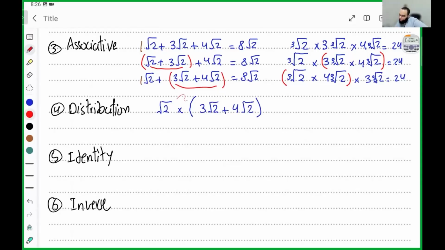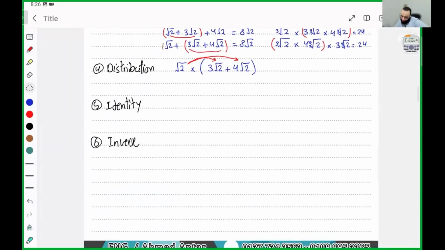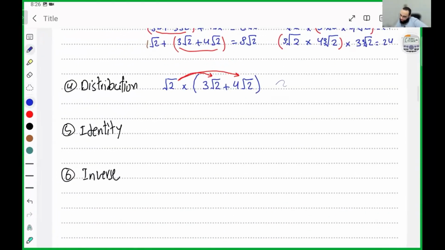You have to distribute the root 2 among the bracket. Then it's going to be root 2 times 3 root 2 firstly, plus root 2 times 4 root 2.